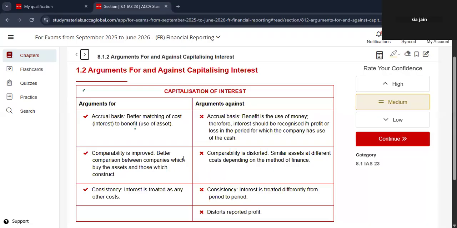If it's 50,000, I'll just show 50,000 in my books. But if another company is building an asset using loans, they will show 50,000, and additionally they'll show the interest expense that they have paid, like 5,000 or 6,000, so that their asset value would be 56,000 or 57,000. So yeah, that's the difference in capitalization of interest.